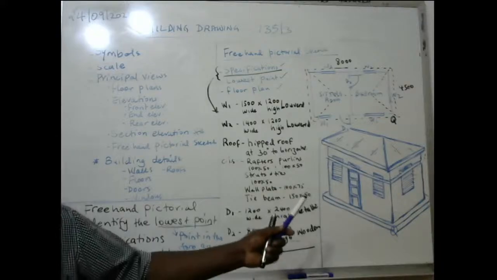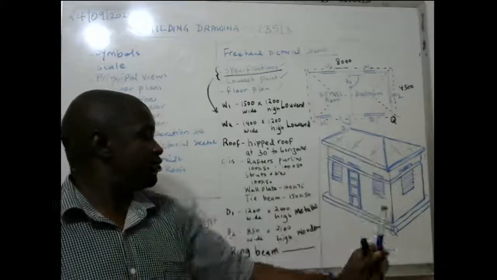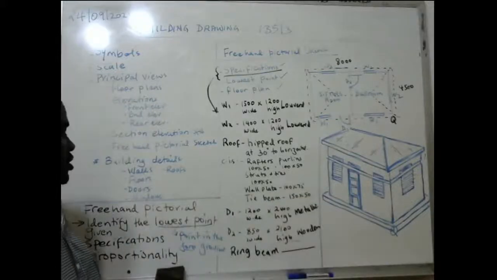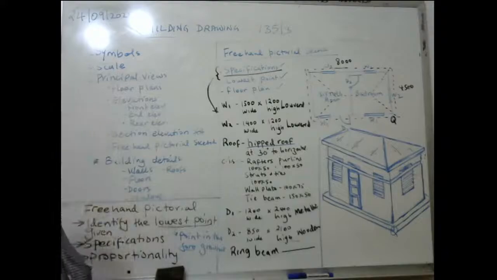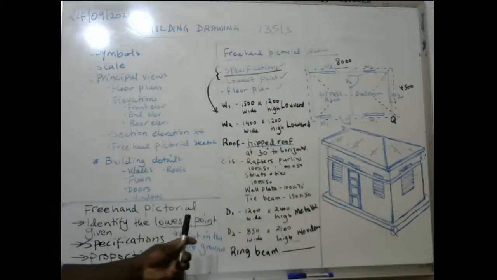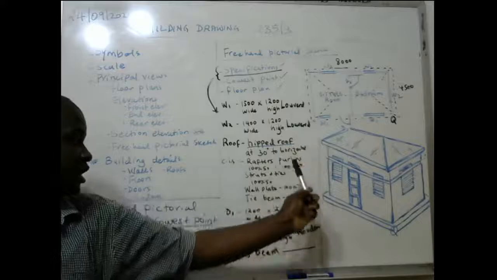Because this one now comes up as the roof. This is the hip of the roof. So maybe the roof here was given as the hipped roof. And then the door 1 is the one that is at the front there.